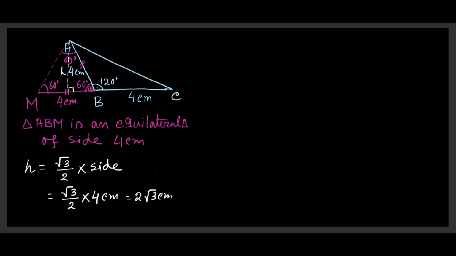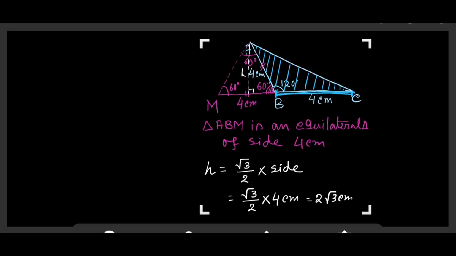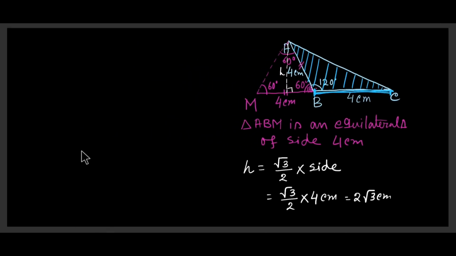Now we have to observe that this is the height of this triangle also, when this is the base of the triangle. So if we consider BC as the base of the triangle, then we take height as 2 root 3 centimeter.